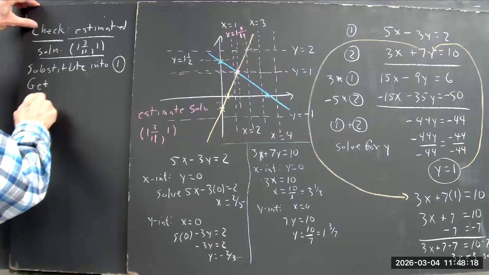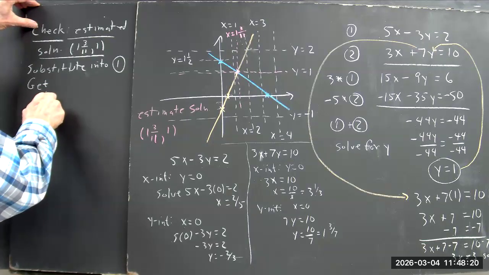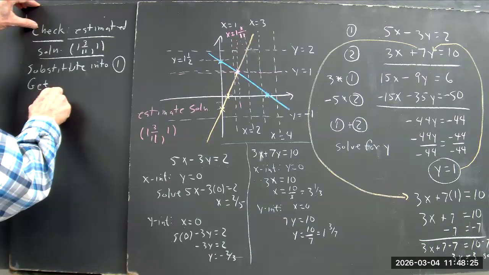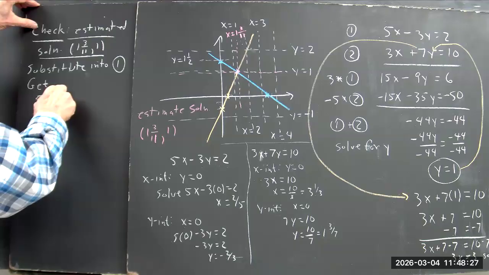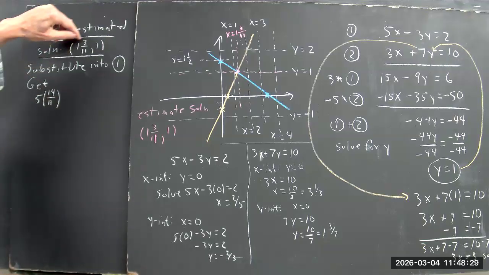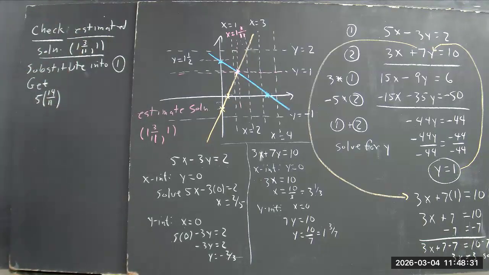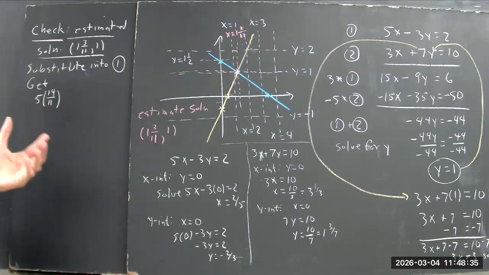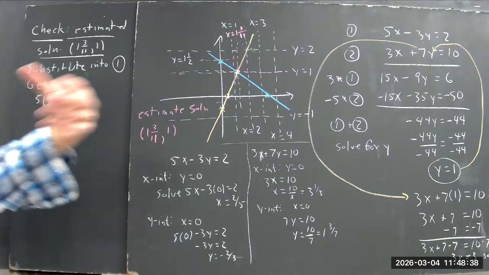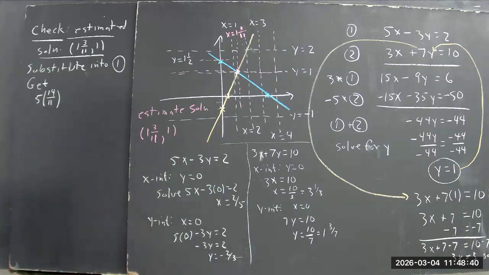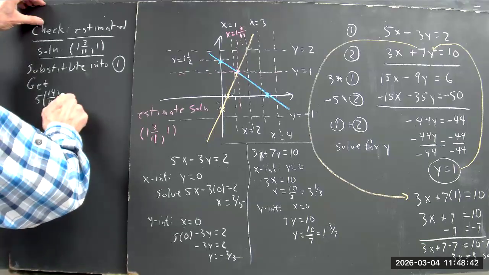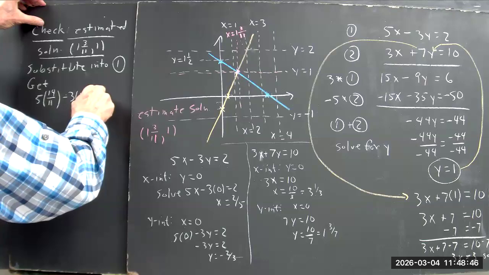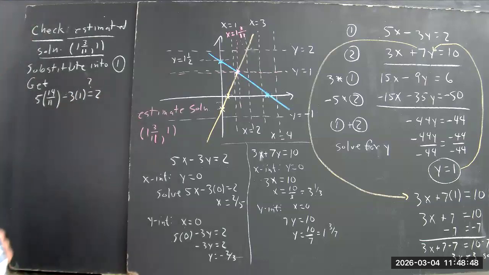So what we get is 5 times 1 3/11, which I'm going to write as 14/11 because we don't want to do arithmetic with mixed numbers. Okay? And we know that 1 3/11 is 14/11. 1 is 11/11, and another 3/11 makes 14/11. Okay? And then it's minus 3 times 1 equals 2. I'll put a question mark on that.